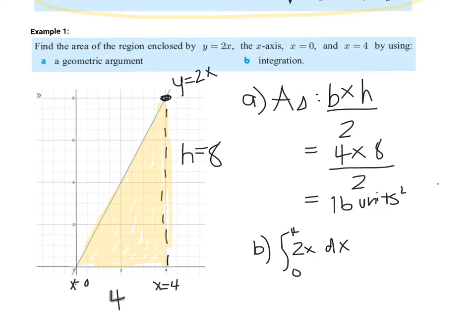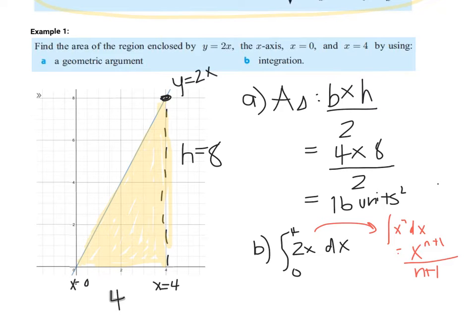We've got to be able to take the definite integral of 2x, and in order to do this, we need to use our reverse power rule. So remember, our reverse power rule is that if we have the integral of x to the power of n dx, then that's going to be x to the power of n plus 1 over n plus 1. We add 1 to our exponent, and then we divide by that new exponent.